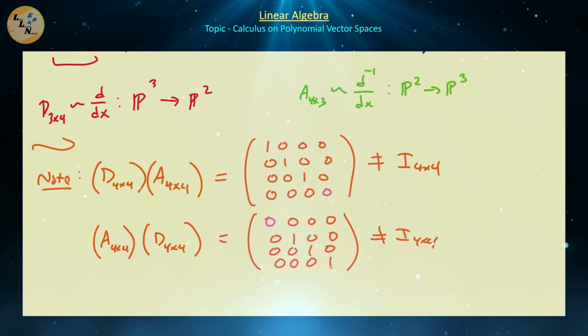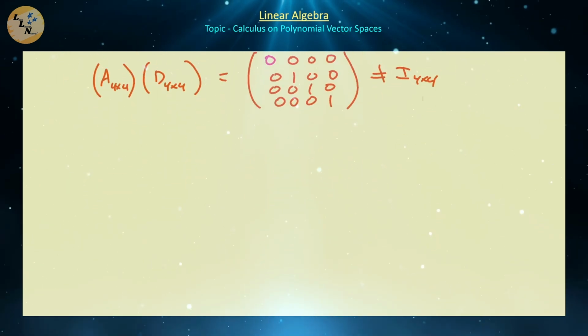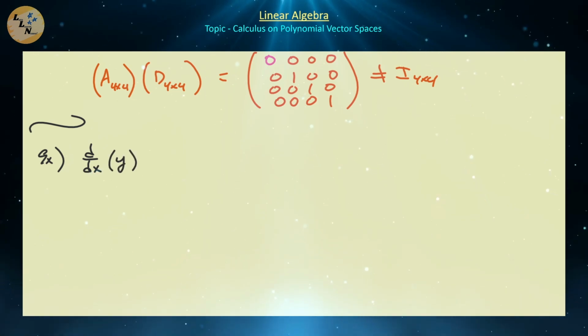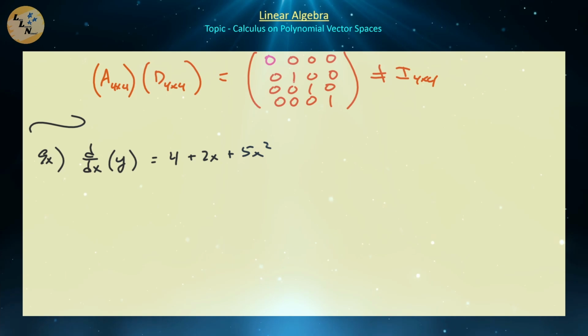But it's close, right? So if we want to apply this to, say, a basic linear differential equation, how do we do it? Let's assume that we want to solve this basic differential equation. The derivative of something is equal to 4 plus 2x plus 5x squared, and we want to use numerical matrices to solve it, right?